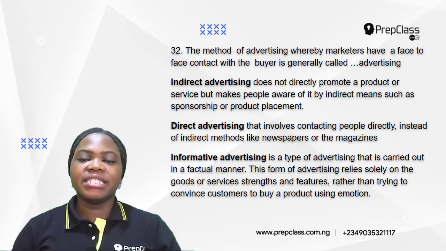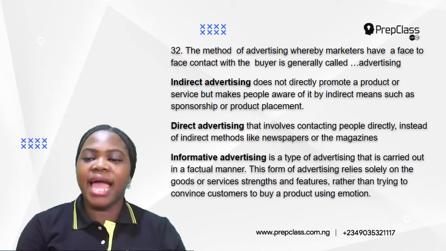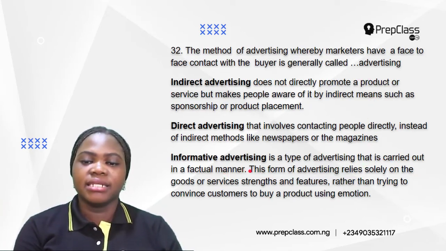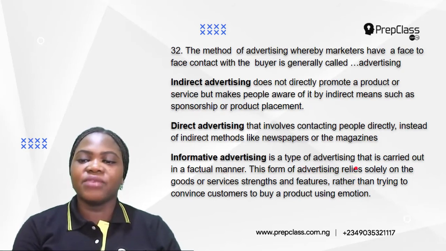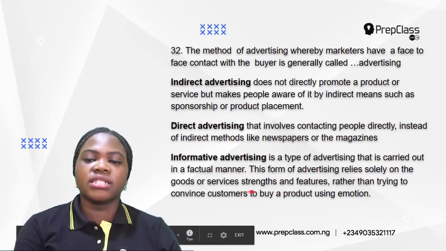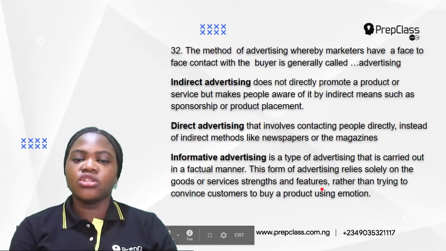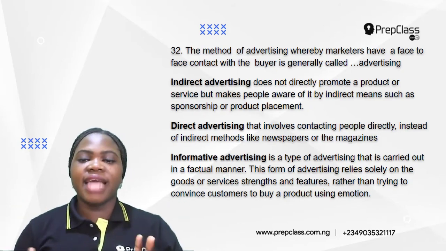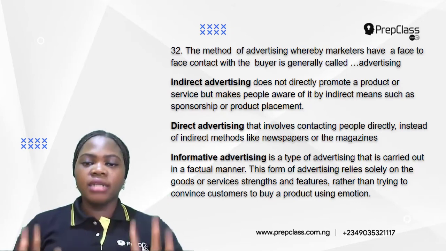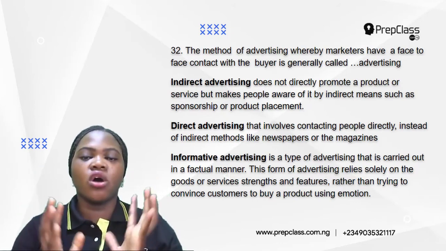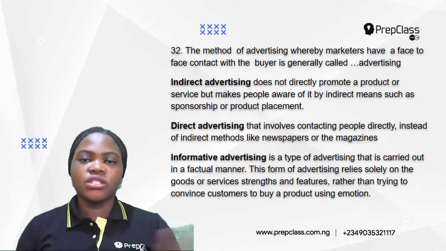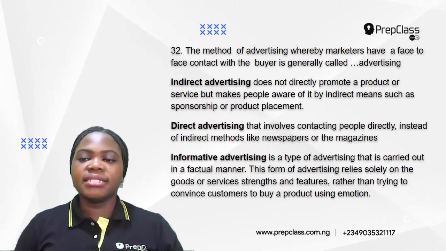Now, informative advertising is a type of advertising that is carried out in a factual manner. This form of advertising relies solely on the goods or services' strengths and features. So they don't persuade or convince customers to buy a product. Instead, it is based on the strengths and the features of the goods and services.